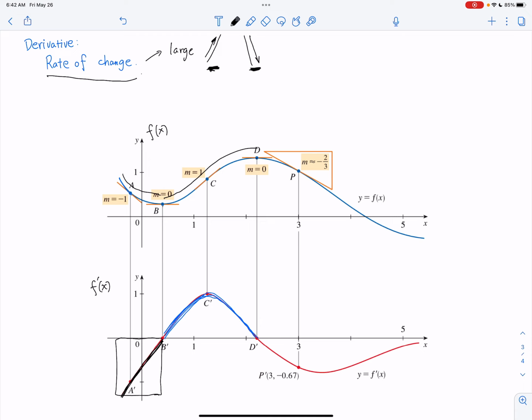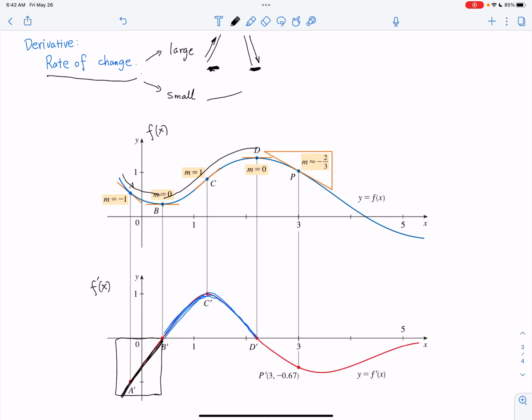rate of change. Okay. Now, if you have a very small rate of change, that means even though the function is still changing, it's very slow. So it's going to be a very flat one. Like, you have an increase, but it's very slow. Just increases very slowly. That's called a very low rate of change or very small derivative.